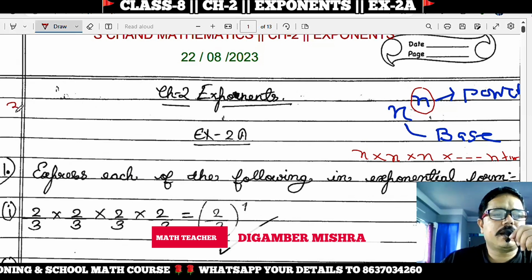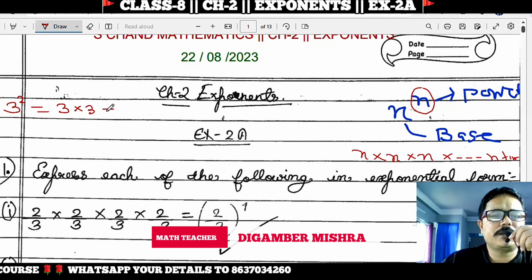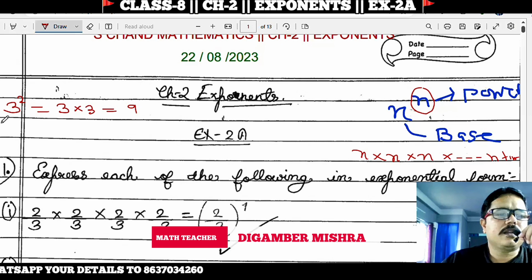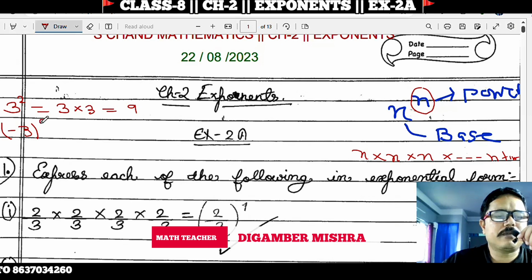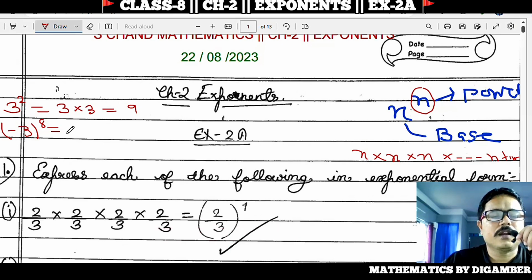So if I ask you 3 to the power 2 is what? You will say 3 multiplied by 3, that means 9. Now a few basic things: if the power is an even number, suppose minus 3 to the power 8, then 8 is an even number, so whatever the answer will be after finding the product of 3 eight times, you will write that, but along with that the sign will be plus.